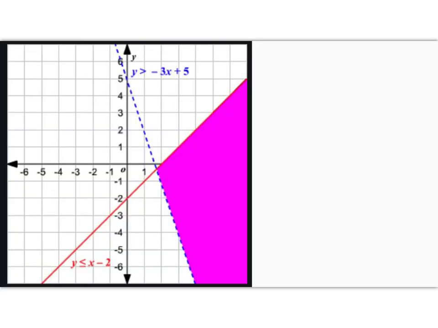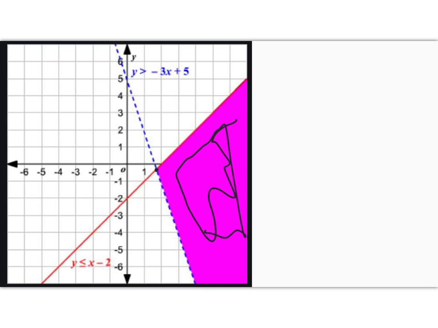Okay, so basically when we're talking about systems of inequalities, it's just like systems of equations. But instead of looking for the point of intersection, we are looking for the solution, which is all points in the region. Let's look at the red line: the red line is doing something and everything below would be a solution set.